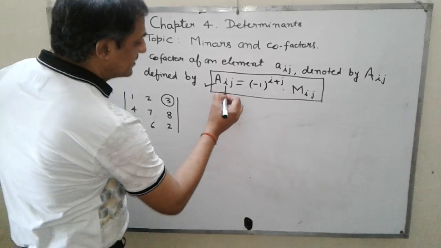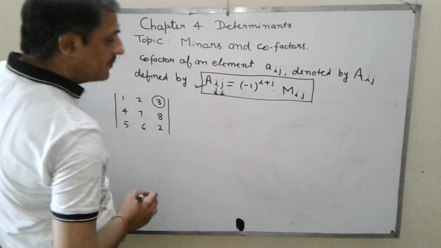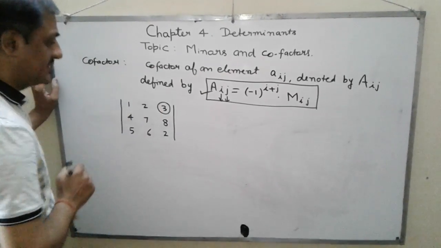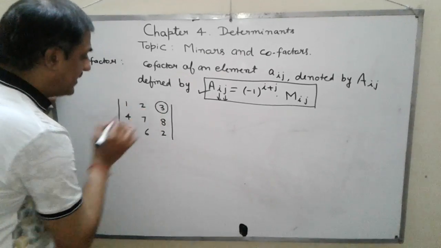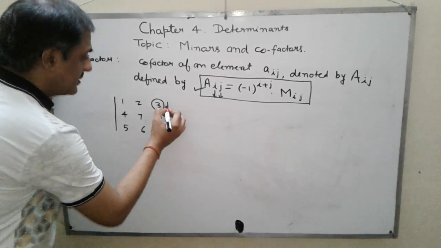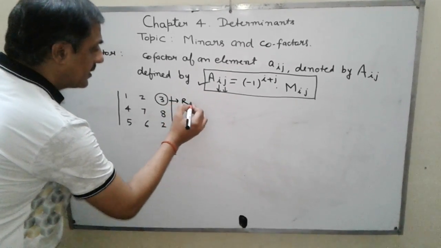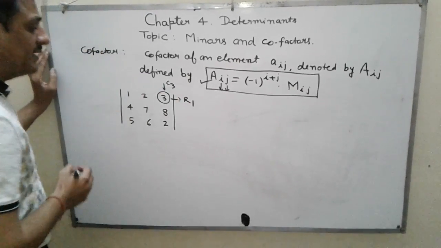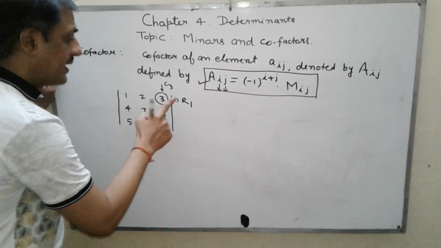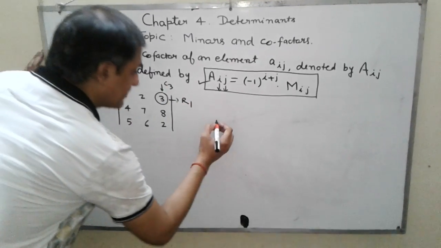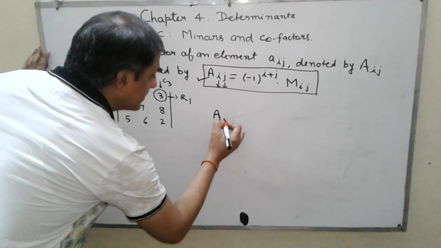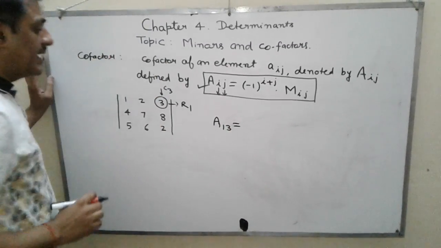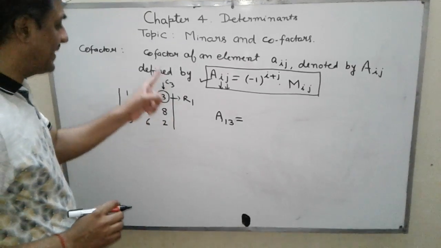Here i stands for row and j stands for column. What is the position of this element? The position of this element is first row and third column. It means the position of this element is A13.